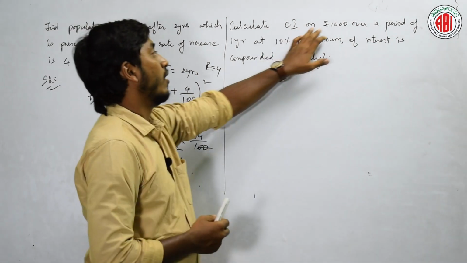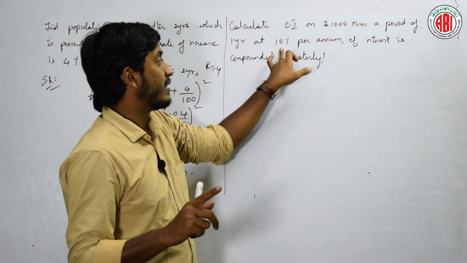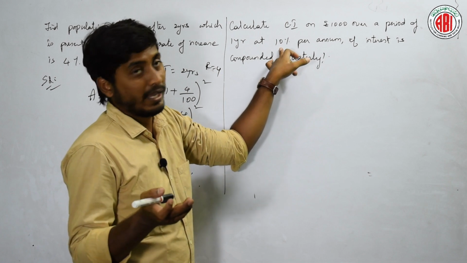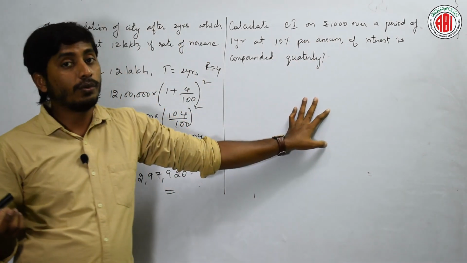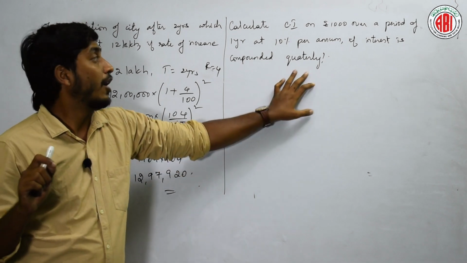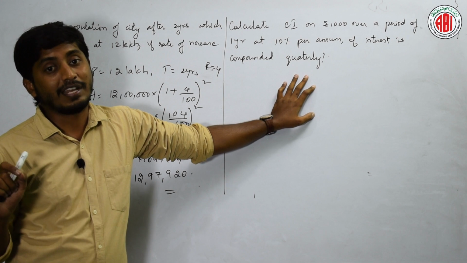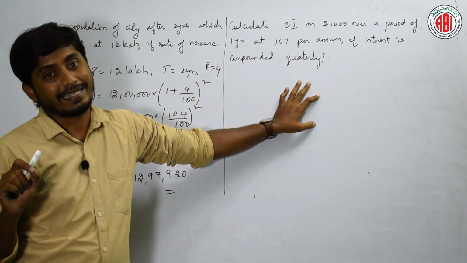Now look at the next question. Calculate CI on 1000 rupees over a period of 1 year at 10% per annum, if interest is compounded quarterly. What do you do? Tell me. Interest is how much? Quarterly it seems. Then you have to find the quarterly interest.